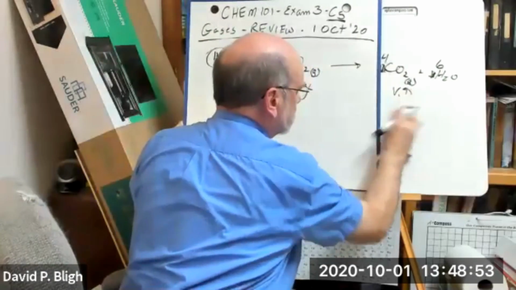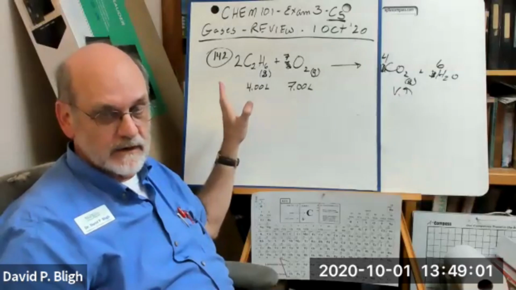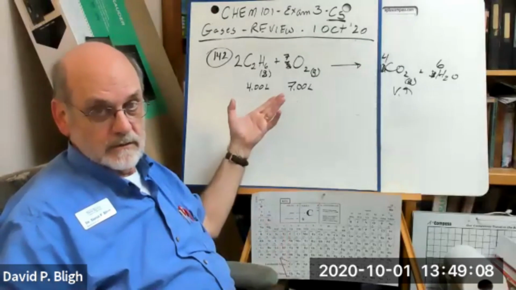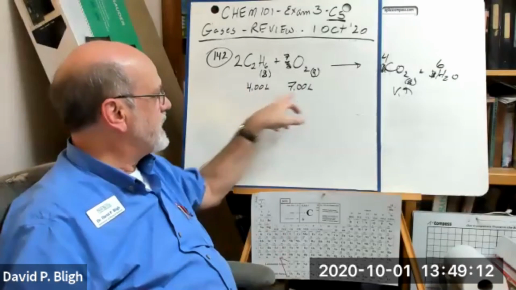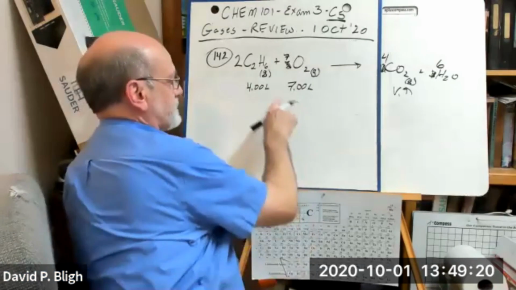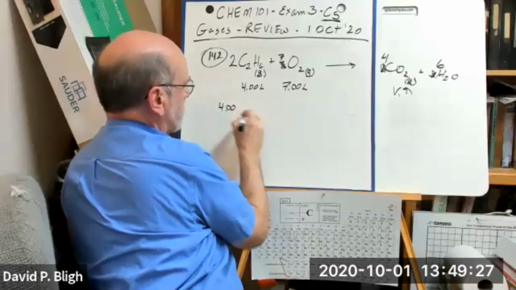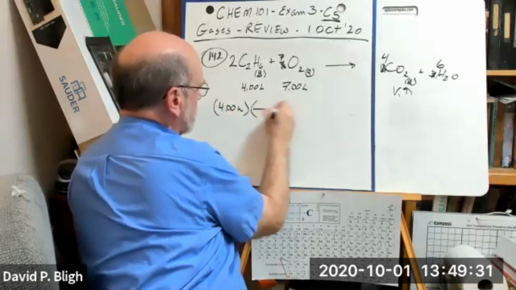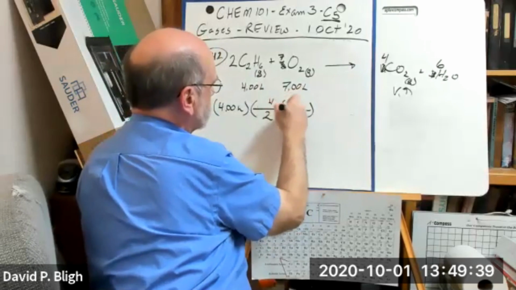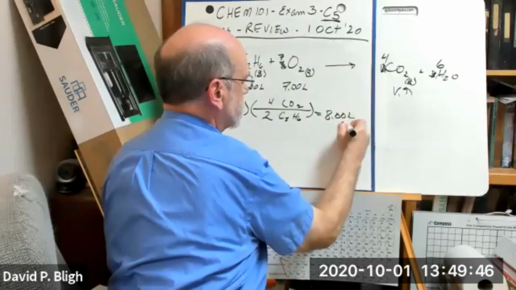We can do our stoichiometry. If you've got 2 reactants and you're given exact amounts, one of them is limiting. So we've got to find out which one runs out first. According to the gas laws, at standard temperature and pressure, which haven't changed, volumes are proportional to moles, so you can use them as if they were moles. If all of this is converted to that, the ratio is 4 liters times 4 CO2 over 2 C2H6, which means we have 8 liters of CO2.